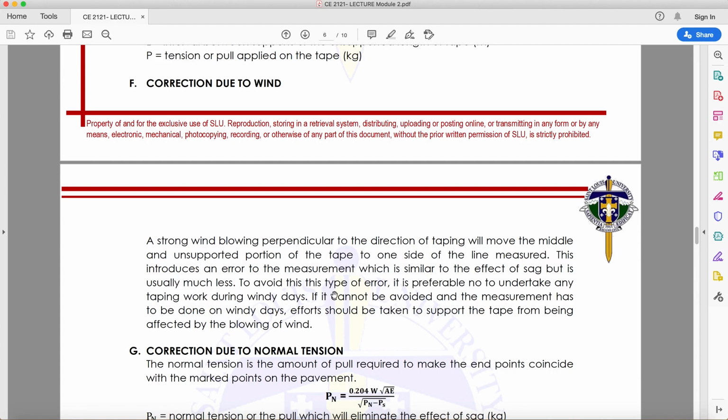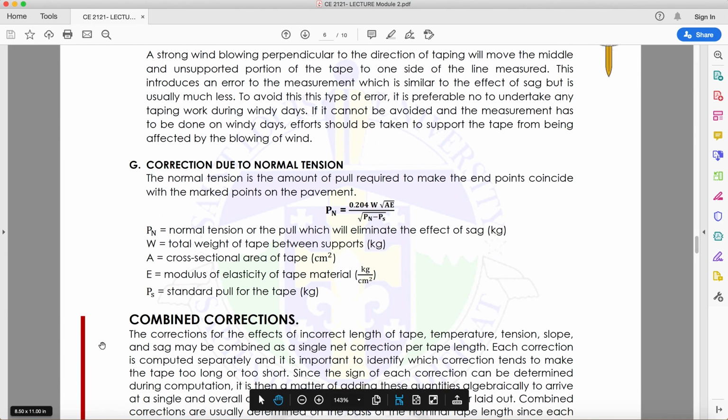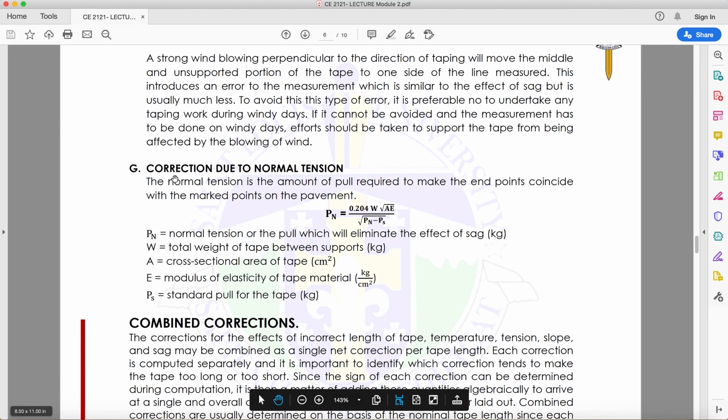To avoid this type of error, it is preferable not to undertake any taping work during windy days. If it cannot be avoided and the measurement has to be done on windy days, effort should be taken to support the tape from being affected by the blowing wind. Okay, so there is no correcting formula.